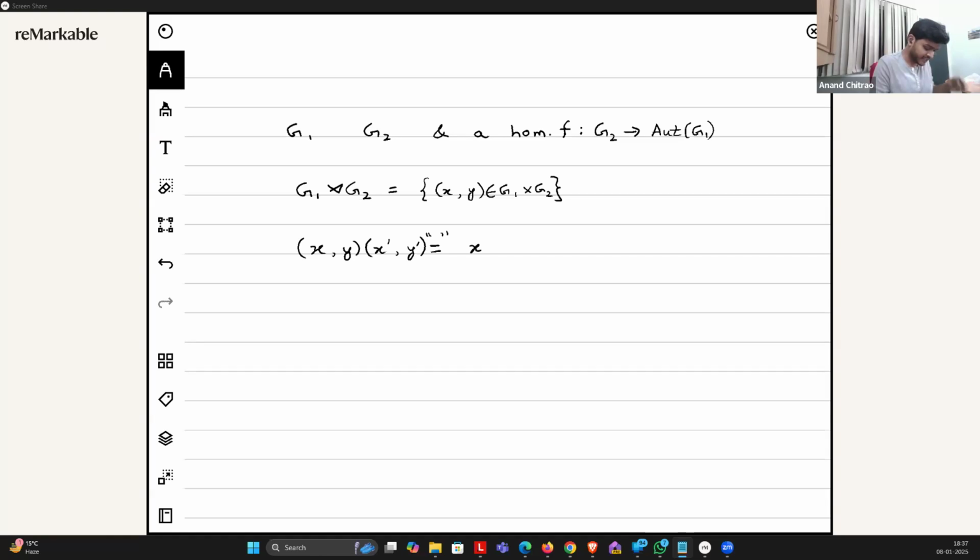You are multiplying everything together, x y x' y'. This is equality in quotations. You want to transfer x' across y. So you can do that by writing it this way.